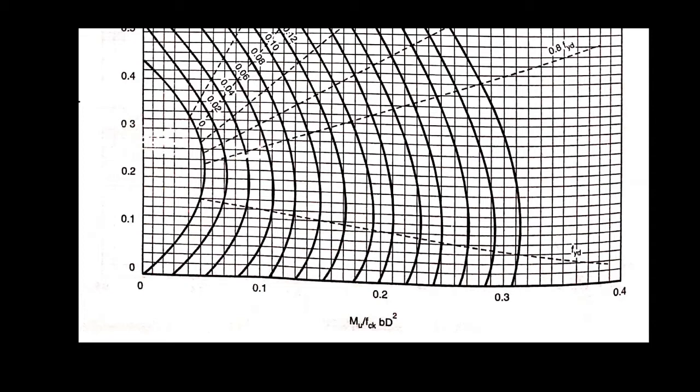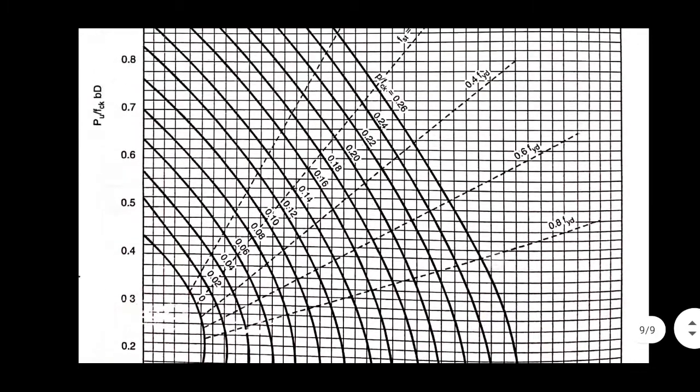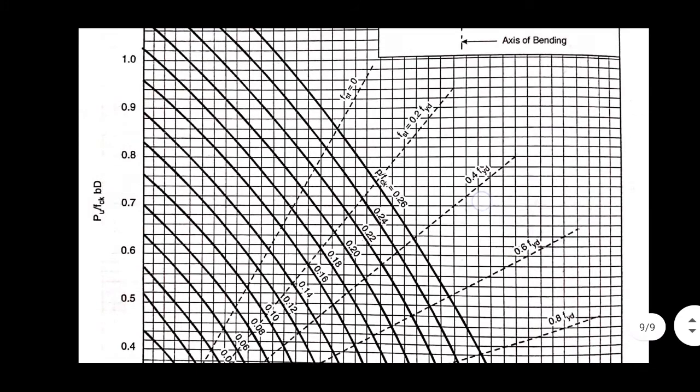From the value of this equation we can easily find out the value of mu x or mu y. Okay. So first of all we have to find out the value of p by fck, that means percentage of steel by fck, and in y axis pu by fck bd. So first find out these two values.